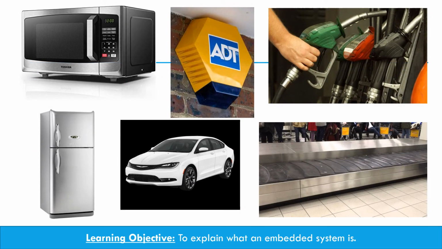Other examples include things like domestic appliances, microwaves, dishwashers, fridge freezers, washing machines, tumble dryers. Household security, petrol pumps, baggage systems at airports, and cars are becoming increasingly dynamic in the services which embedded systems can offer. This is not all of them.